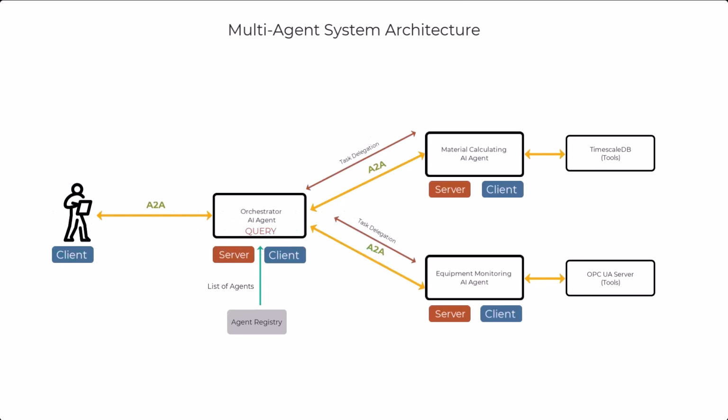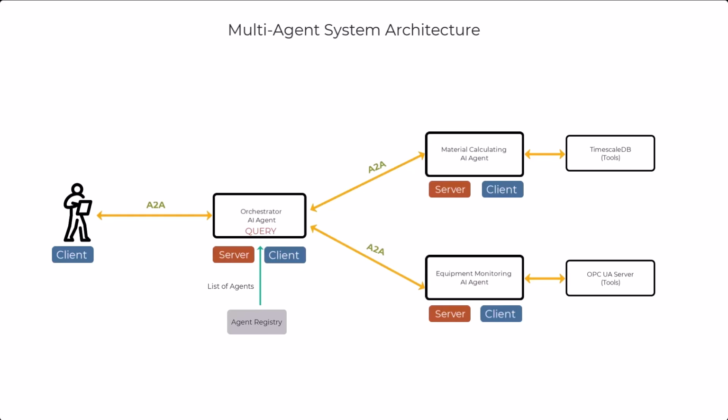The orchestrator delegates tasks based on what's needed. It might ask the material calculating agent what materials are needed for 50 batches of product B. Simultaneously, it asks the equipment monitoring agent what the current tank levels and machine states are. Each of our AI agents exposes an A2A server endpoint, and so to talk to those agents, the orchestrator also runs its own A2A client connections.